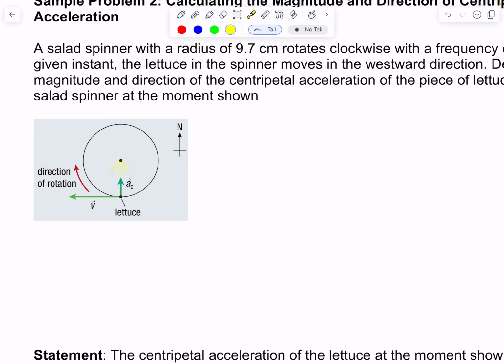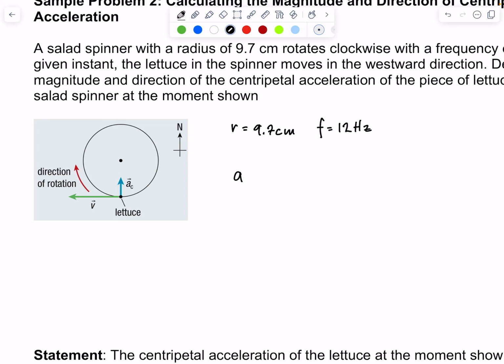Centripetal acceleration is always directed towards the center of the circular path. In this example, we are given a radius of 9.7 centimeters and a frequency of 12 hertz.